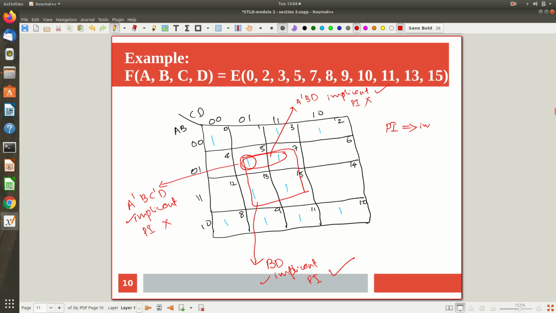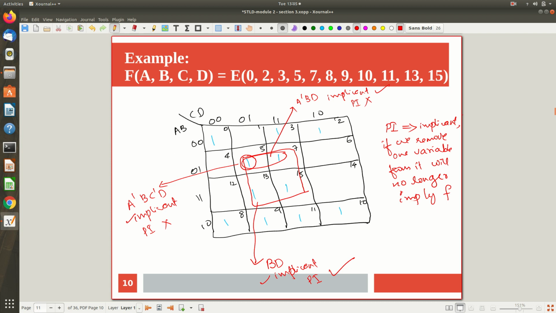A prime implicant is an implicant such that if we remove one variable from it, it will no longer imply f. So this is a prime implicant of a function f.